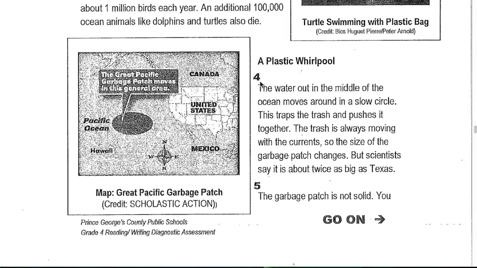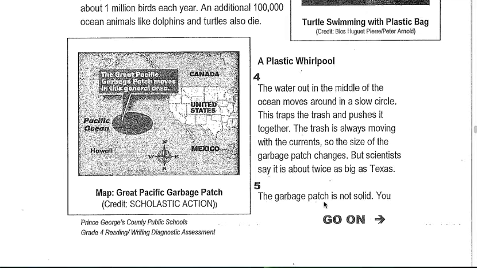A plastic whirlpool. The water out in the middle of the ocean moves around in a slow circle. This traps the trash and pushes it together. The trash is always moving with the currents, so the size of the garbage patch changes. But scientists say it is about twice as big as Texas.